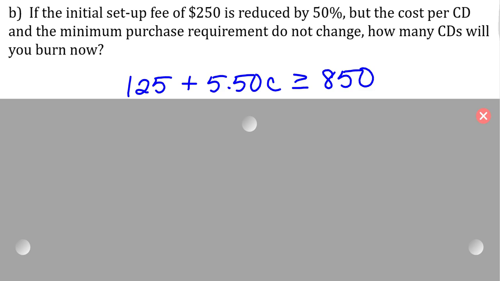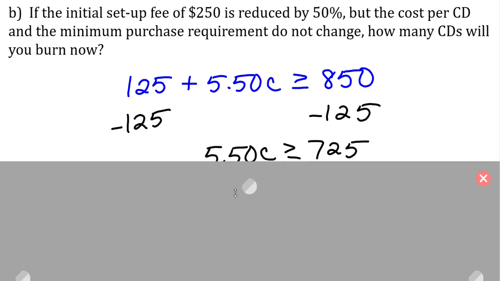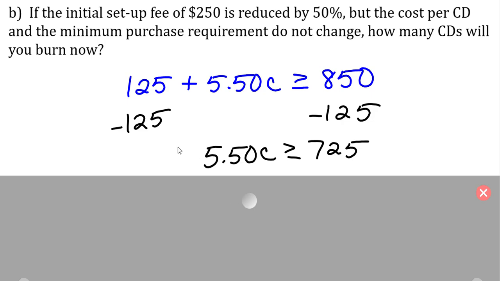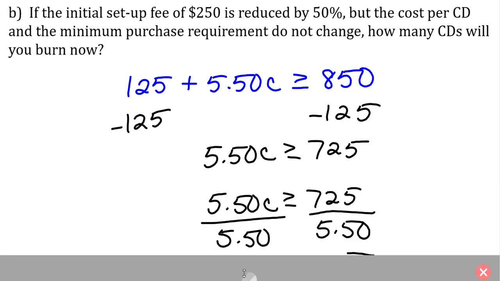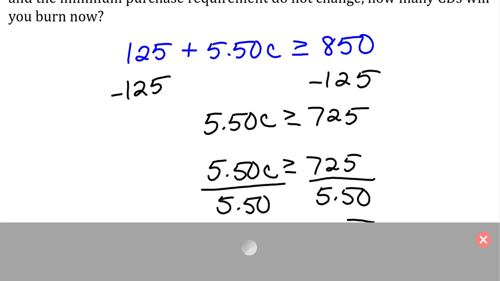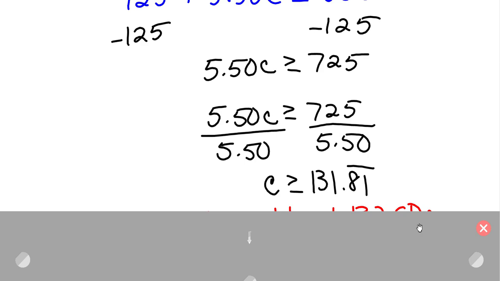So if we want to start undoing this to solve for C, we're going to follow the same procedures as before. So the variables are all together. I'm going to undo this addition of 125. Then I see this multiplication, which means we have to do some division. And then see what our rule ends up being.